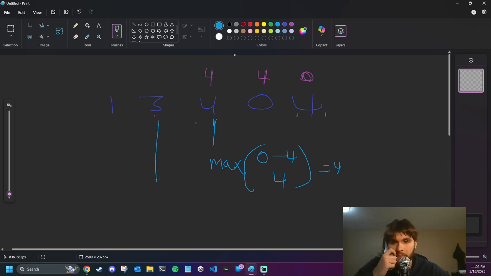This one is the max of, so we could buy and sell here, which would be 4 minus 3, and then we would do plus the max over here, right?